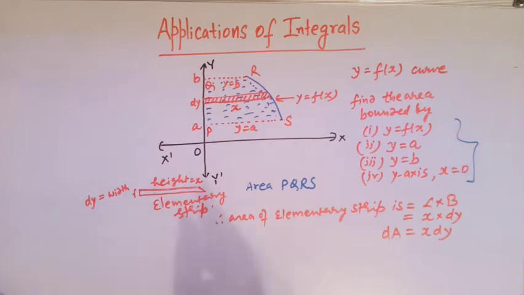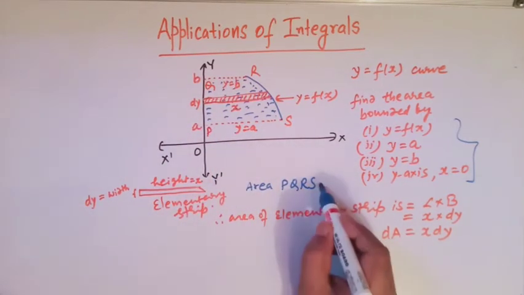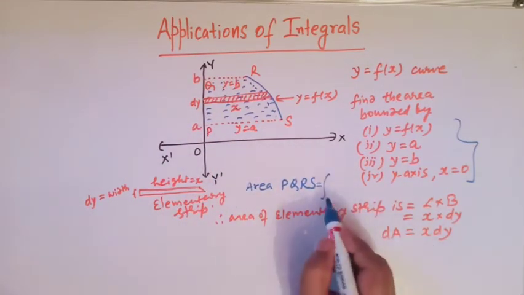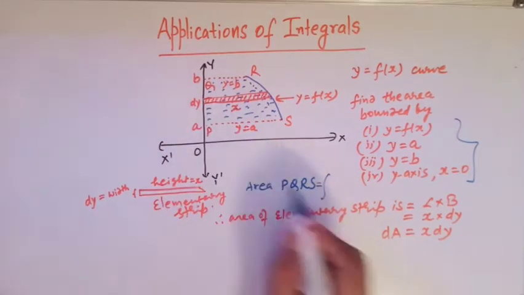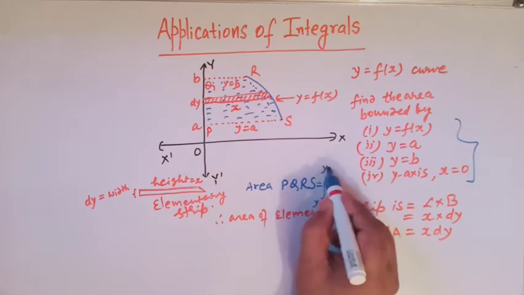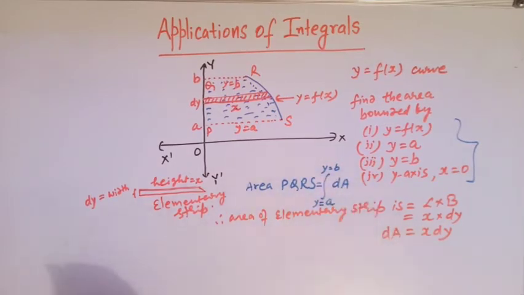Now to find this entire area, we have to integrate this area from a to b. So we'll integrate from y equal to a to y equal to b, and here we'll write dA. Clear?